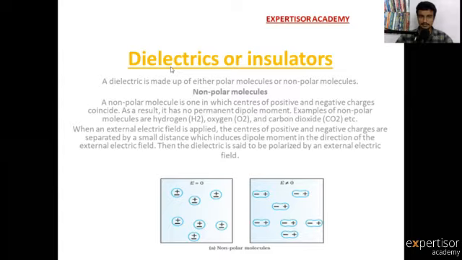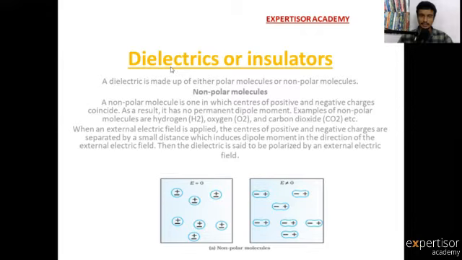These electrons are not moving freely because these charges are bonded with atoms. But when an external electric field, I mean a battery, is connected to dielectrics, the alignment of the charges in these dielectrics happens in different ways.